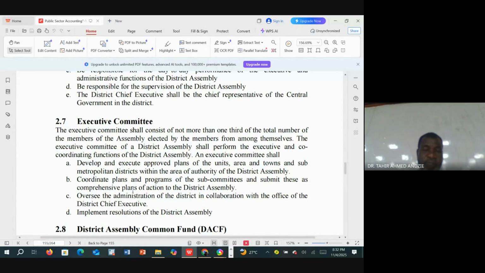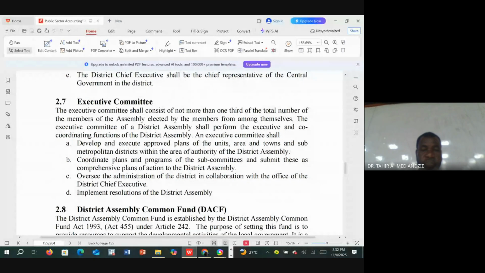So the executive committee of the district assembly shall perform the executive and coordinating function of the assembly. An executive committee shall, one, develop and execute approved plans of the units, areas and towns and sub-metropolitan districts within the area of authority of the district assembly.